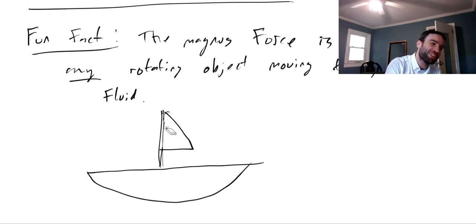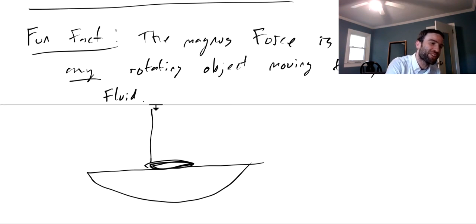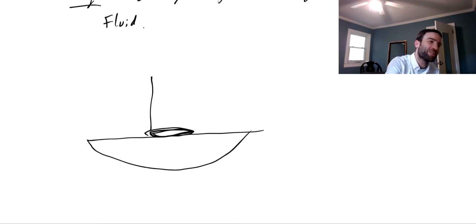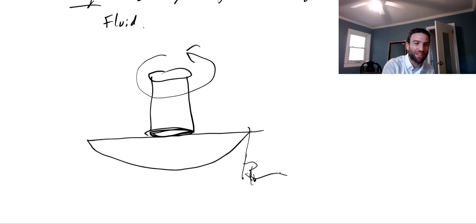What some people have been doing for a long time now is that you can design a different type of sailboat. I hesitate to even call it a sailboat, but I don't know what else to call it, by replacing the mast and the sail with just a giant rotating cylinder. So you've got a boat, you've got a motor. Rather than have a little engine that sticks up off the back with a propeller that moves water behind it, you attach that motor to a giant cylinder sitting on top of your boat that's spinning around.